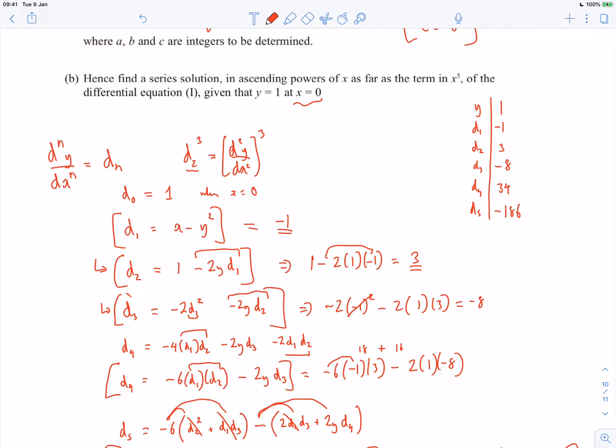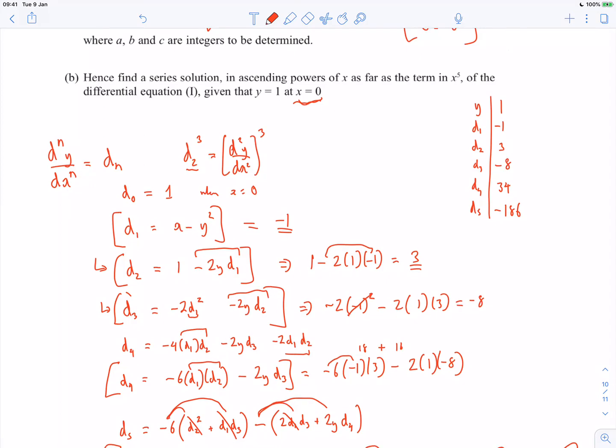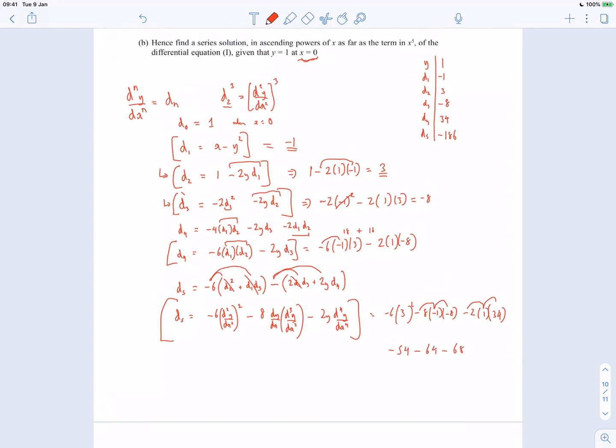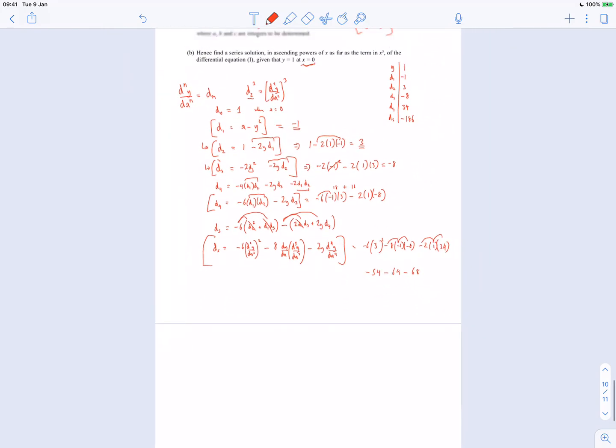So because this is centered around x equals 0, we're going to be using the Maclaurin series here. I want to go up to x to the 5, so that shouldn't be too problematic.